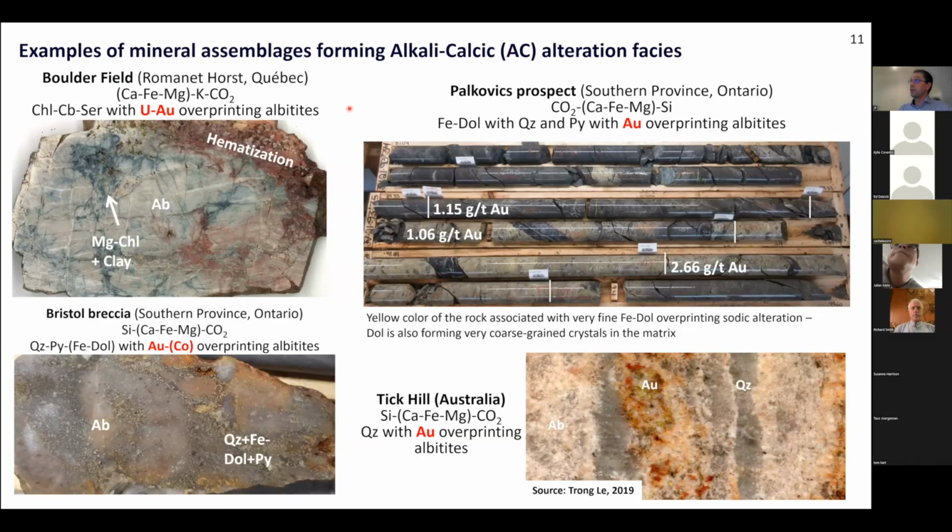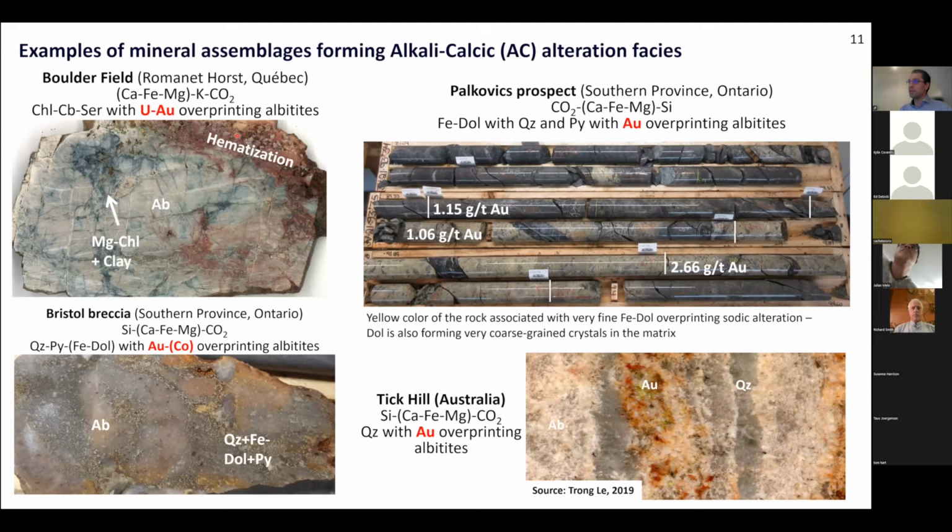And now, if we go to those that don't have any iron, but are still a component of these systems, so those associated with alkali-calcic alteration facies, we have an example here from the Romanet Horst, where we have a chlorite-carbonate-sericite assemblage associated with uranium and gold that is overprinting albitite.